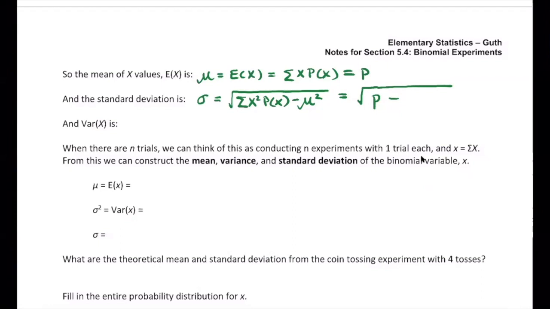And that's a little large, so I'm just going to shrink this down a little bit. So this is the square root of p minus p squared, which we're going to factor as p times... so how do you factor a p away from p minus p squared? What do you get?